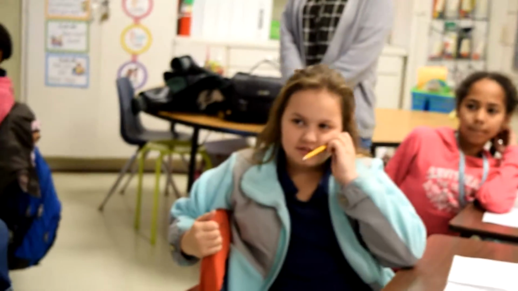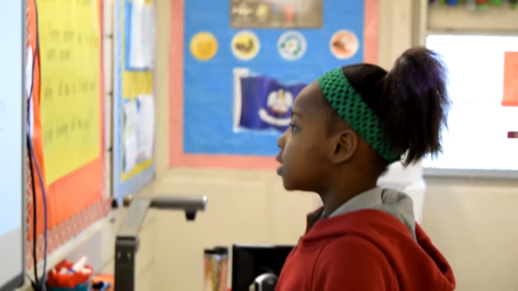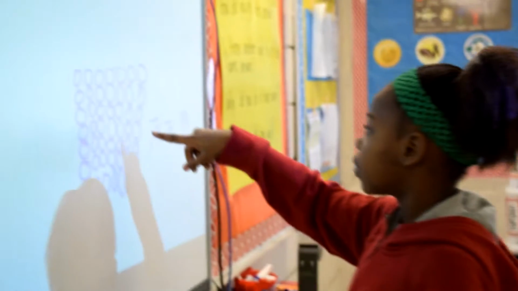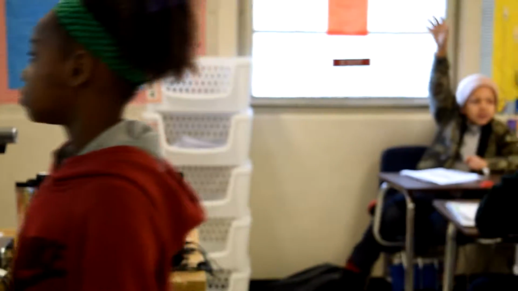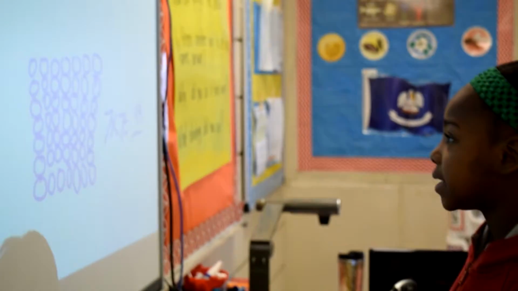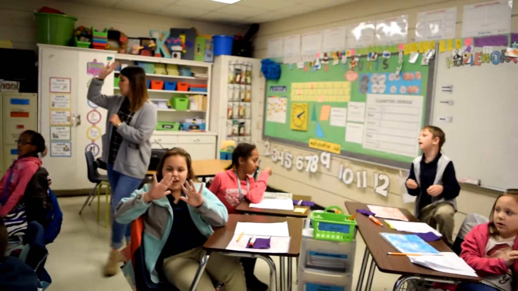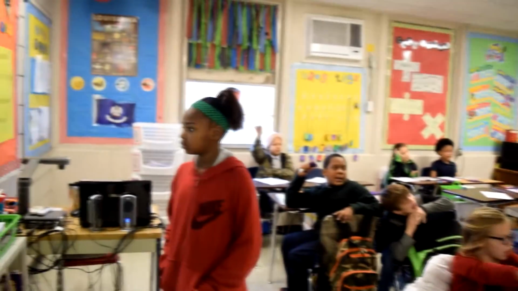Why did you do it that way? Because they have 7 rows with 7 in each. Okay. And it equals 49. Tell us how you got to 49 so fast. I count by 7. 7, 14, 21, 28, 35, 42, 49. Very good. 49.